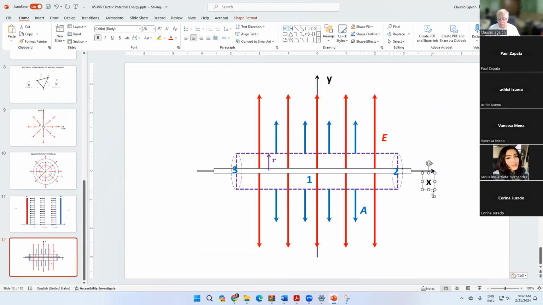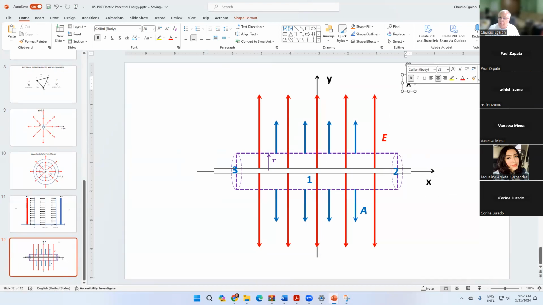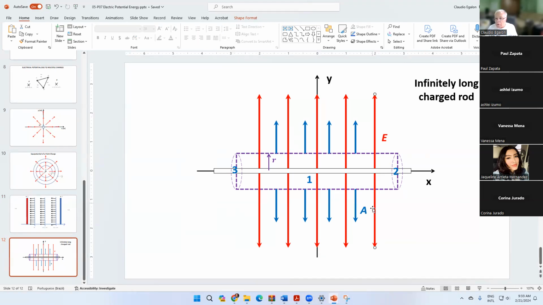I'm going to put it here. Infinitely long charged rod. Infinitely long charged rods. And now I'm going to do the following.